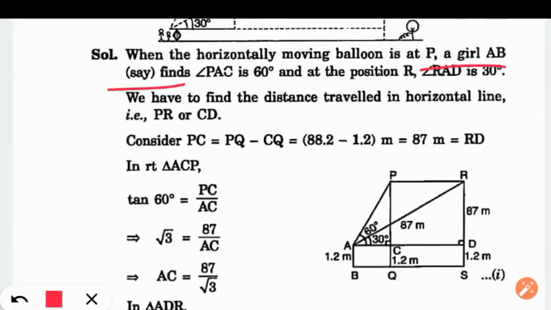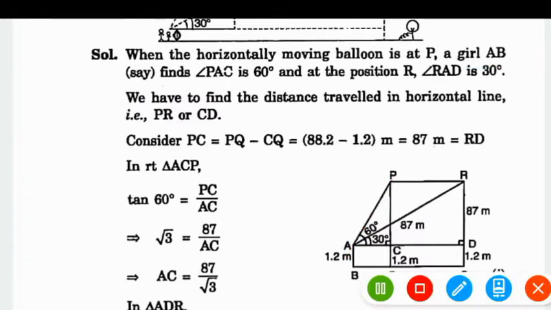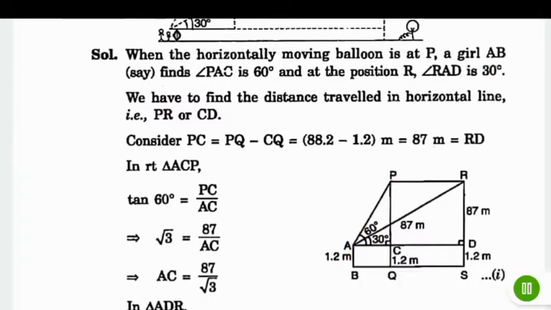Say AB is representing a girl, finds that angle PAC is 60 degree. This full angle is 60 degree.